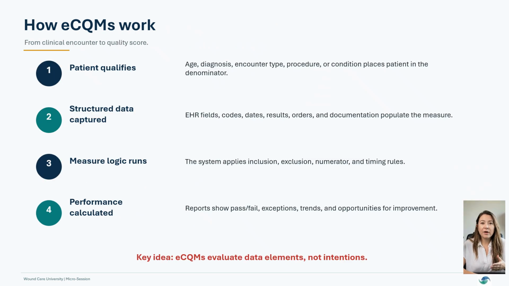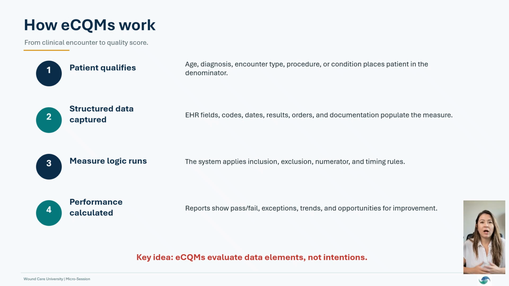This is the basic flow of an eCQM. First, the patient must qualify for the measure. That qualifying group is called the denominator. A patient might qualify because of a diagnosis, encounter, age range, procedure, or clinical condition. Second, the EHR must contain the right structured data. This may include diagnosis codes, procedure codes, medication lists, labs, orders, assessment fields, dates, and care plan elements.